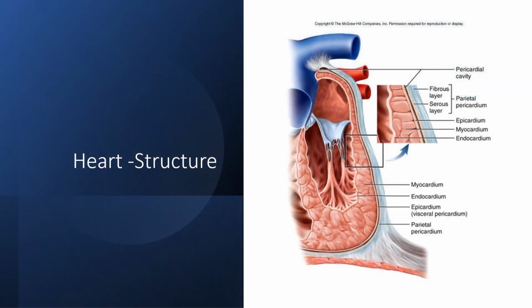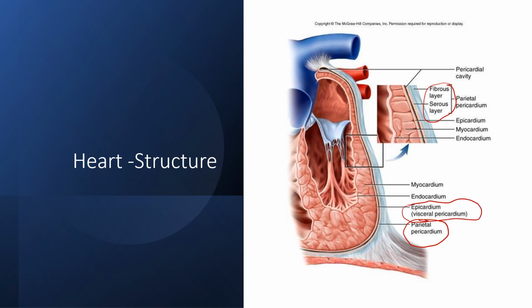Just looking at the heart structure, some of the things we'll be looking at is the parietal pericardium. The parietal pericardium is that outer layer that is a fibrous layer and a serous layer. Just underneath that, you have the visceral pericardium or the epicardium, and that's really what lines the organ.